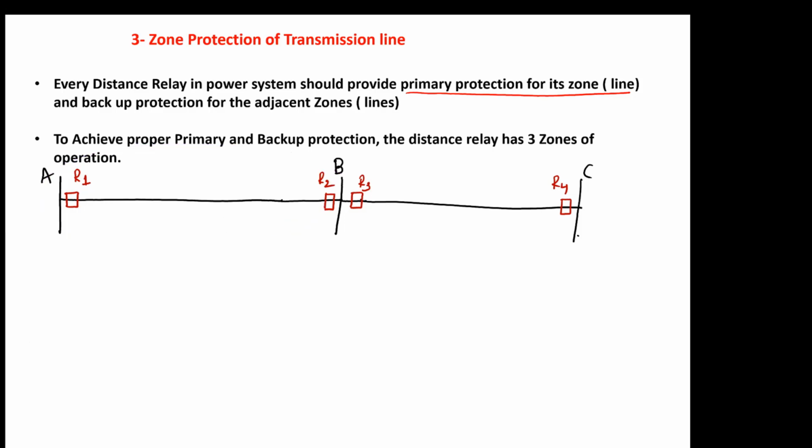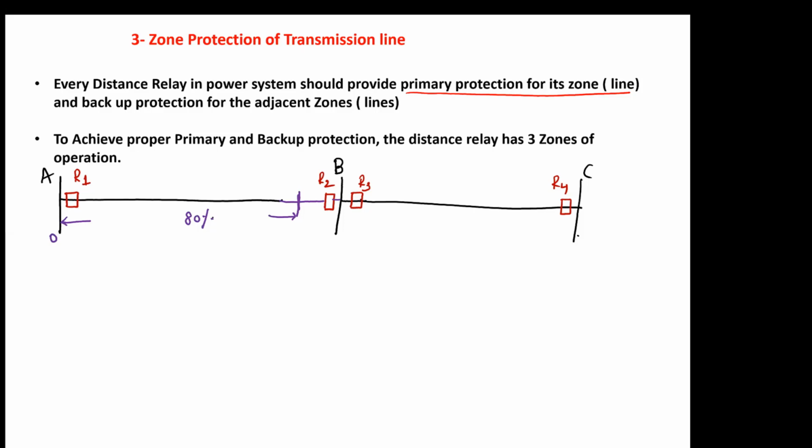Relay R1 can sense any fault from, let us call this 0, to 80% of this line. So from 0 to 80% of this AB line is called the primary zone or instantaneous tripping zone of R1.